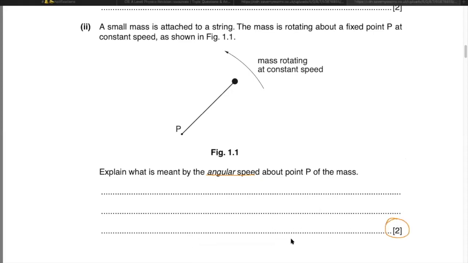Okay, if anyone knows, look, she wrote. So the answer is, I'm going to give you a little bit of time. What do you guys think is the right answer? Come on, I want to see you guys answer the question.